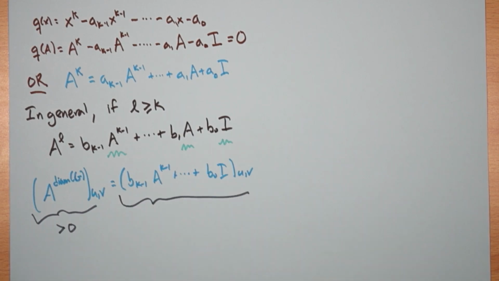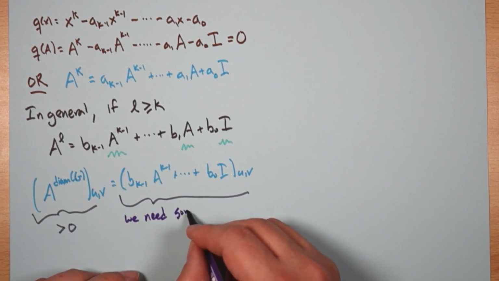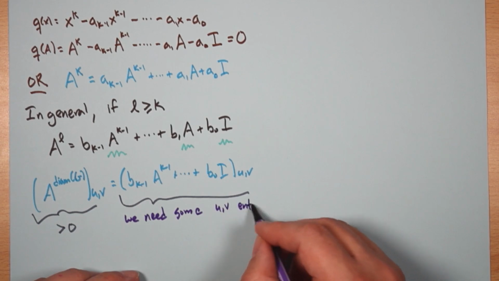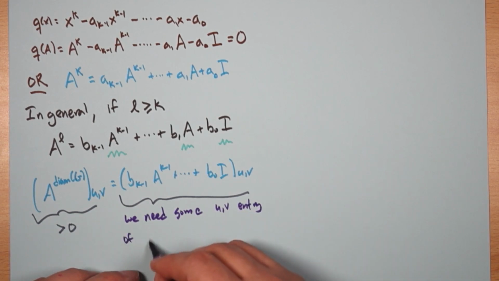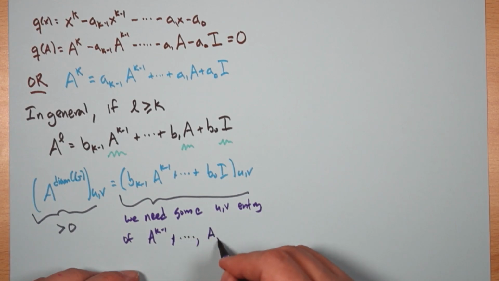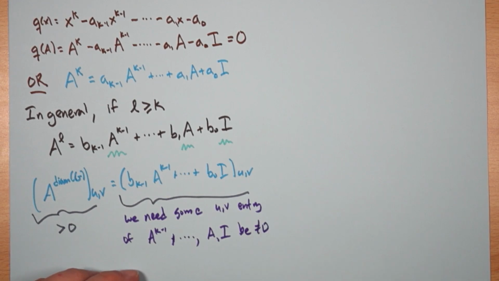That says that, lo and behold, we need some UV entry of a to the k minus 1 down to identity to be non-zero. Because if all of them are 0, well, we have something non-zero equals something 0, hopeless, hopeless.